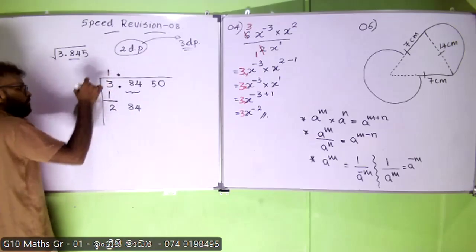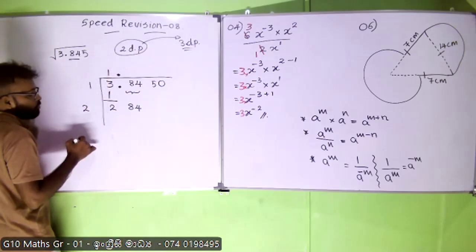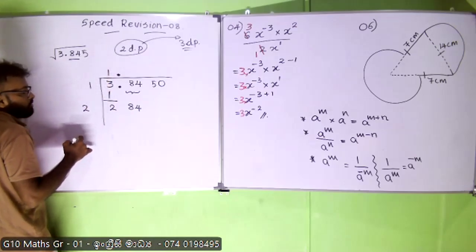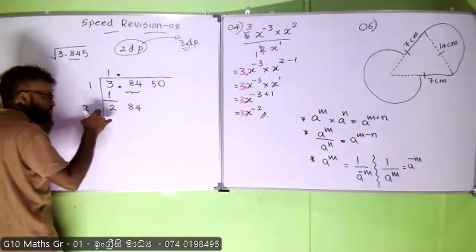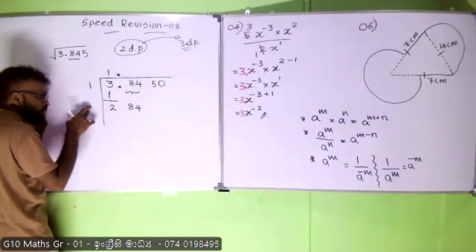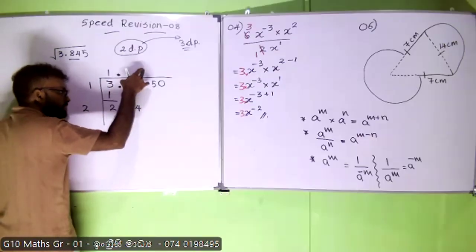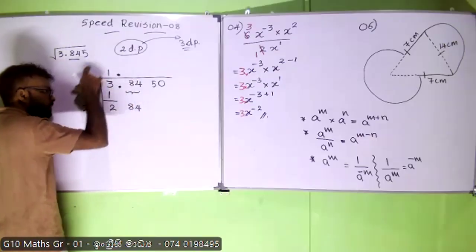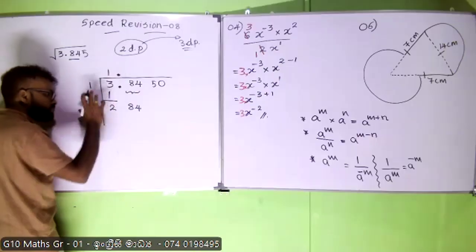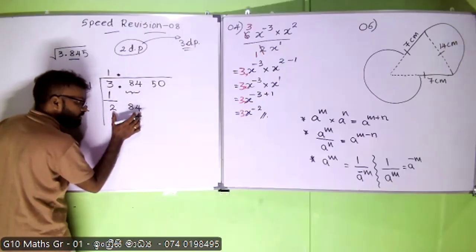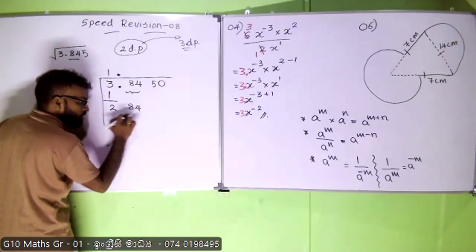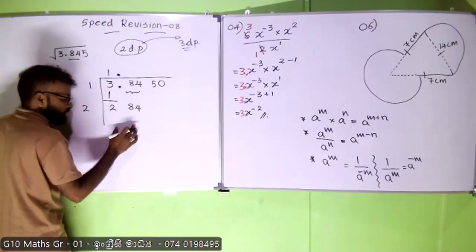Then double this number 1. If you double that, you will get 2. Then you have to select a number for this place and also the same number for this place. If you get the multiplication of those two numbers, it should satisfy this number perfectly or be less than that.